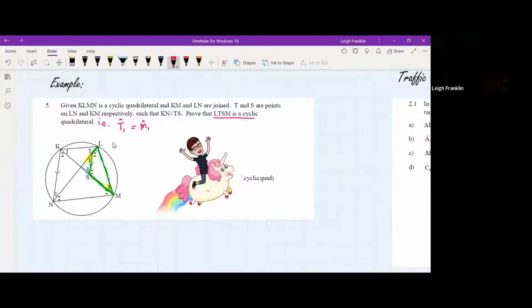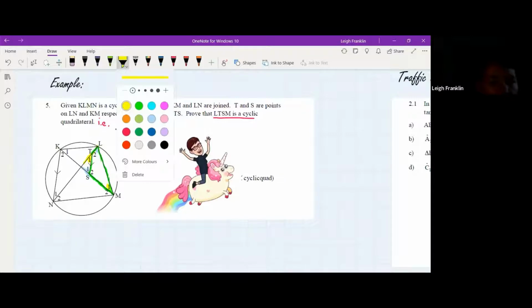So now that we have identified the angles that need to be proved, let's have a look at what T1 and M1 are equal to. Now out comes all the other geometry that we're supposed to know, alternate angles, any angles that could possibly be equal, including all of our grade 11 stuff. Let's have a look here.